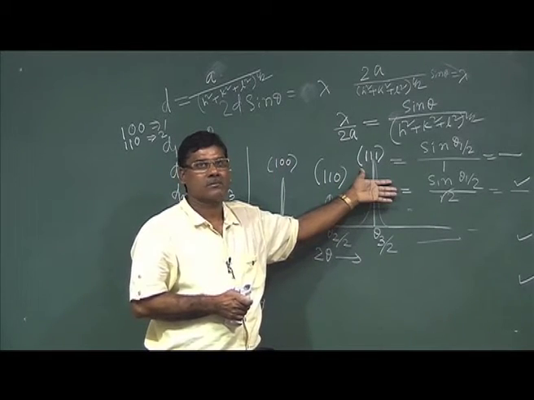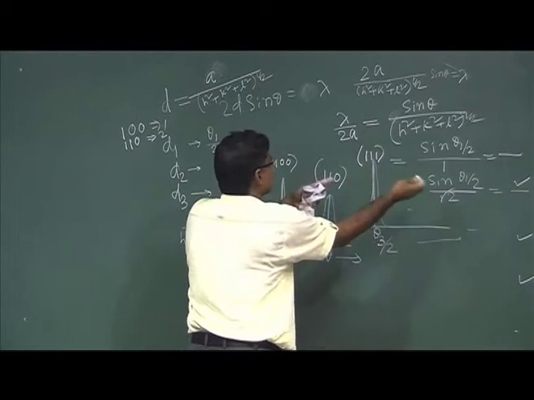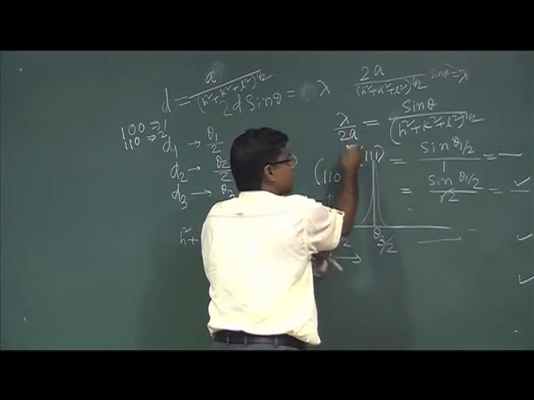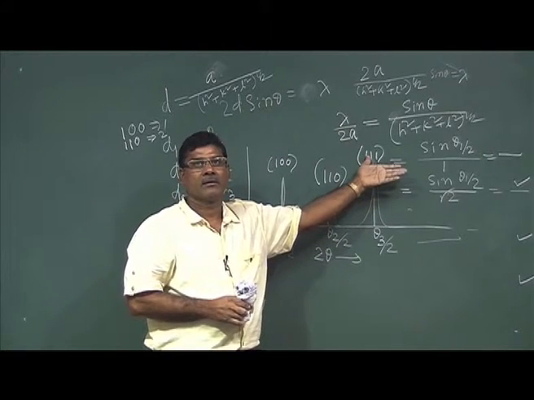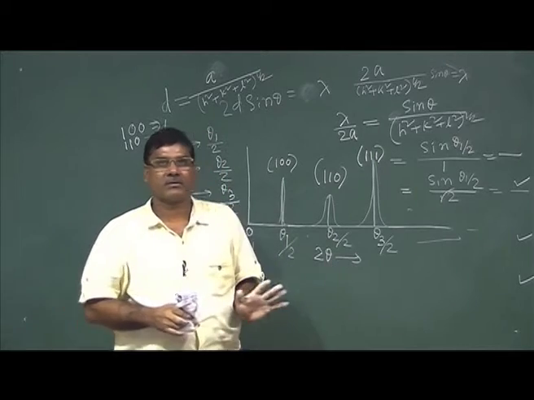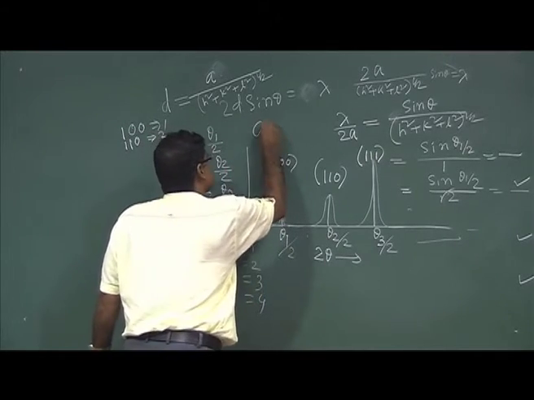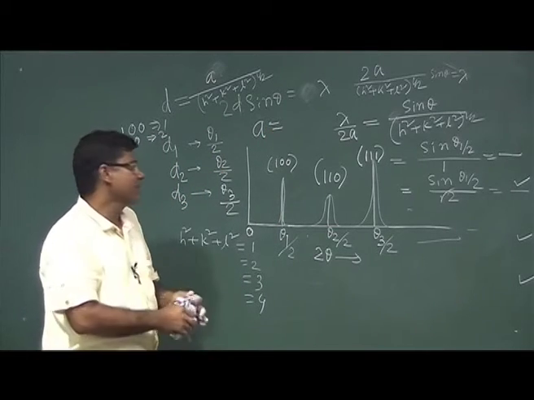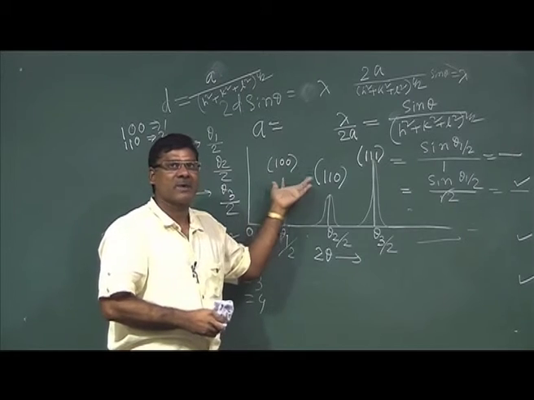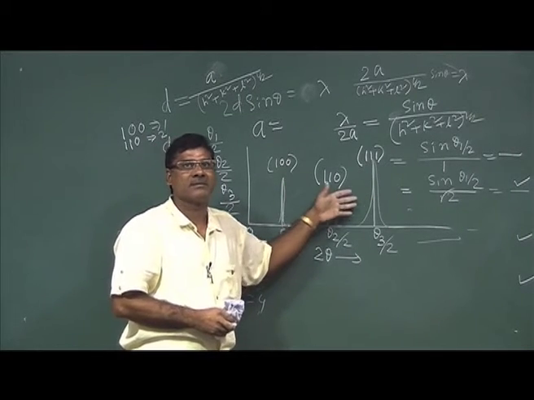I will use that constant, which will be equal to lambda by 2a. I know lambda, so I will find out a. So in this method I can find out the lattice constant for that crystal, and also I can index the Bragg peaks, that is, find out which plane each one is from.